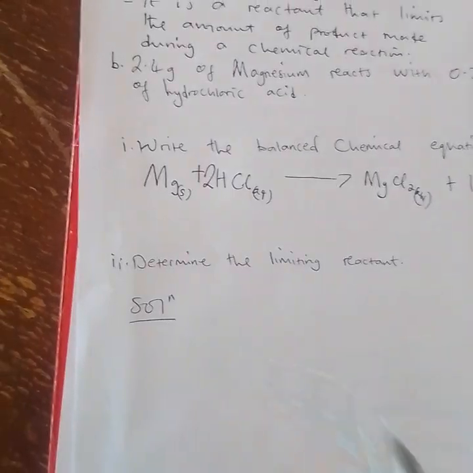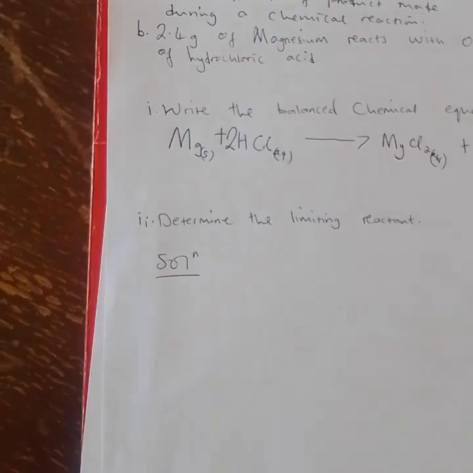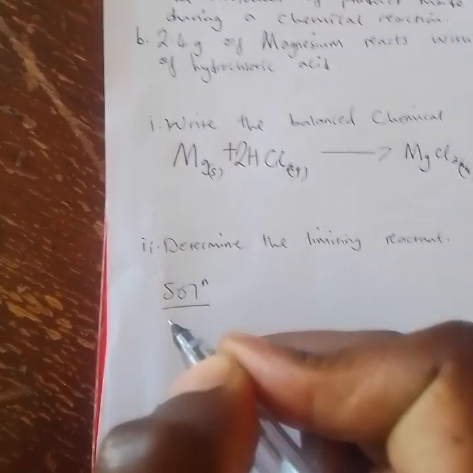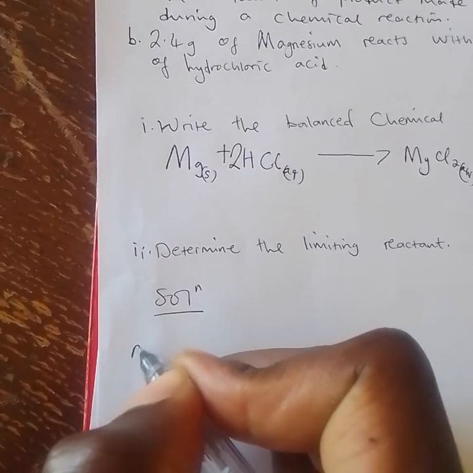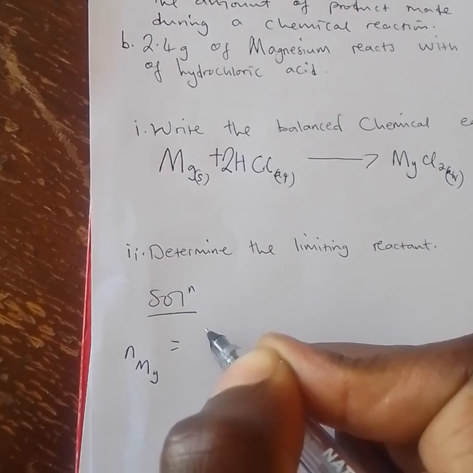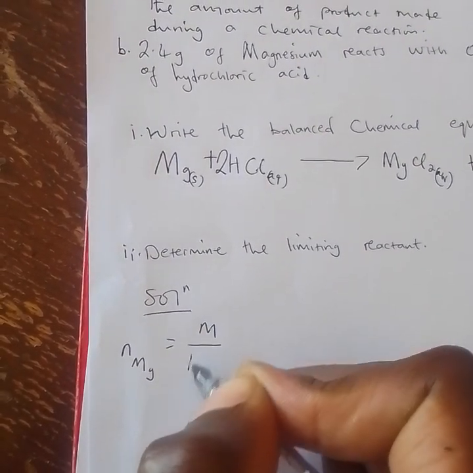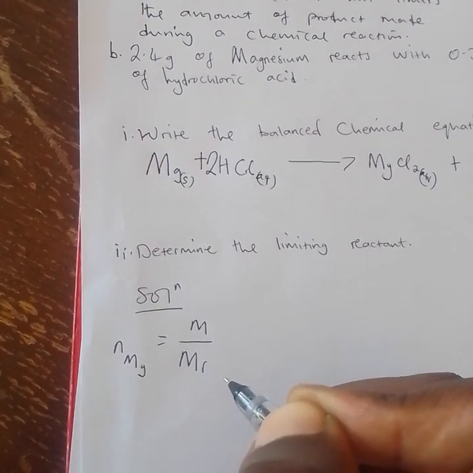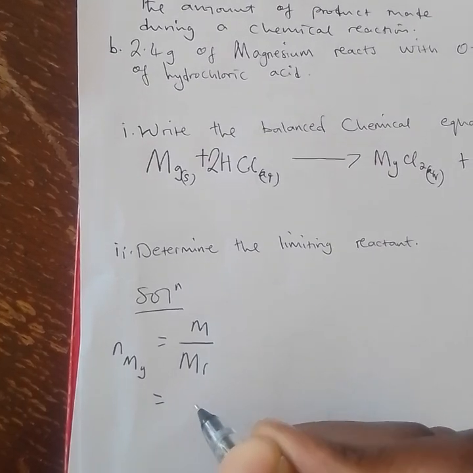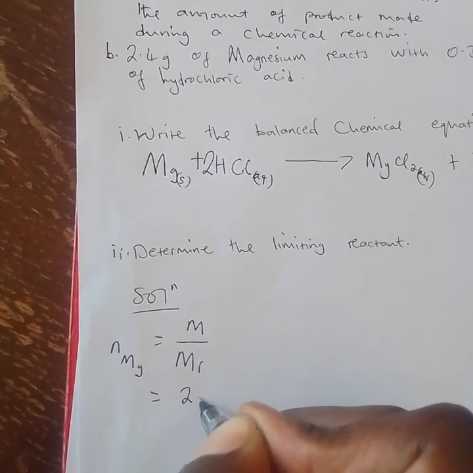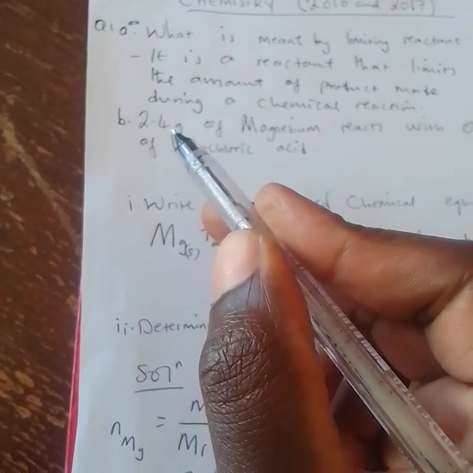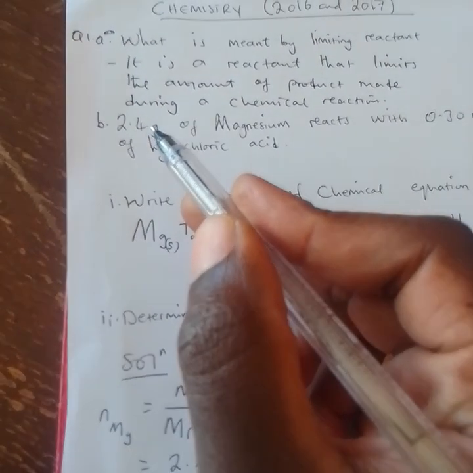Solution. I'm going to calculate for magnesium. I'm going to find the number of moles of magnesium. The number of moles is equal to mass over molar mass. The mass is 2.4, which is given in the question, in grams.